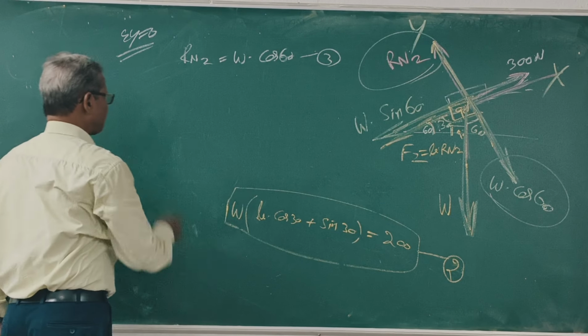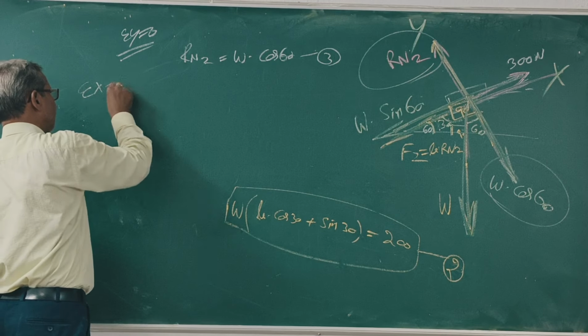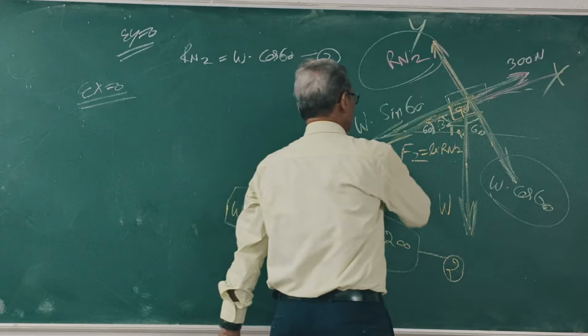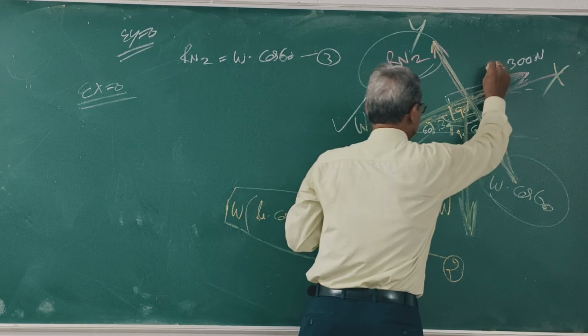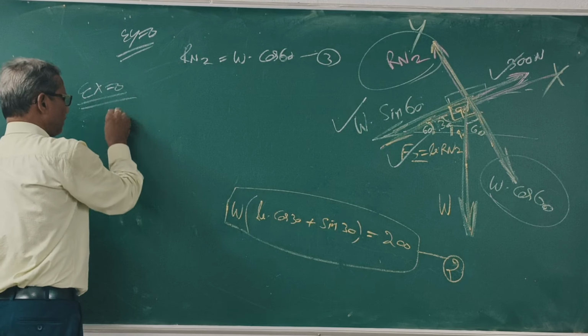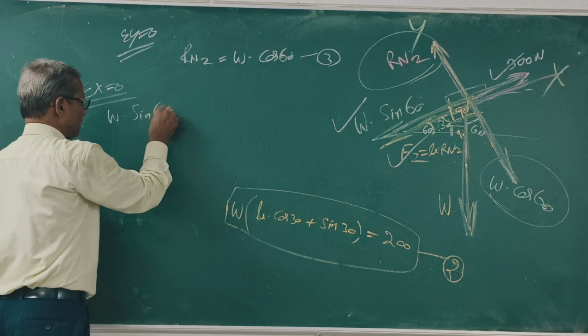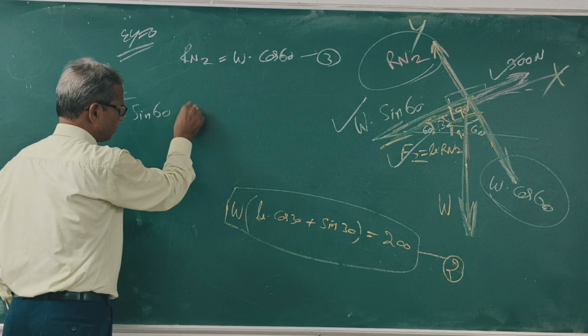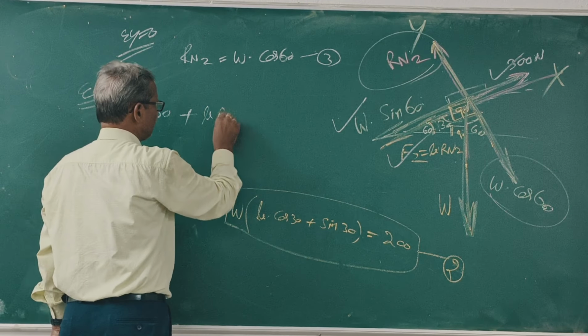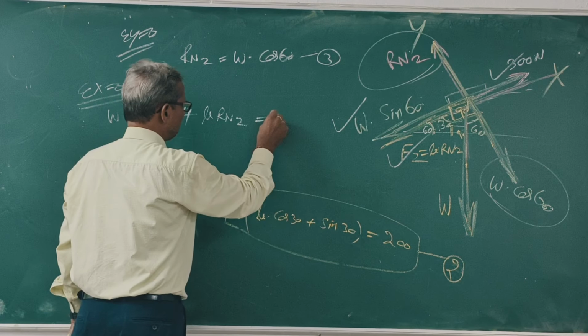Sigma x is 0. This plus this is equal to 300. Clear? W sin 60 plus mu Rn2 is equal to 300.